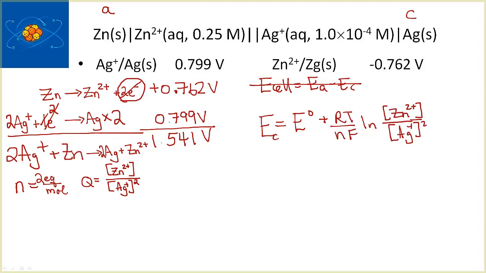And now we can start plugging in our information. E cell, the standard cell potential is 1.541 volts, plus R, 8.314 joules per mole Kelvin, times 298 Kelvin.